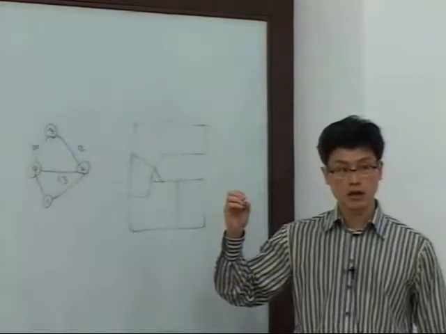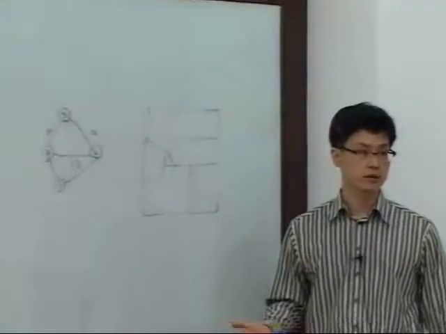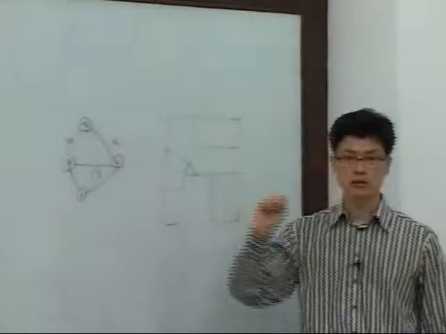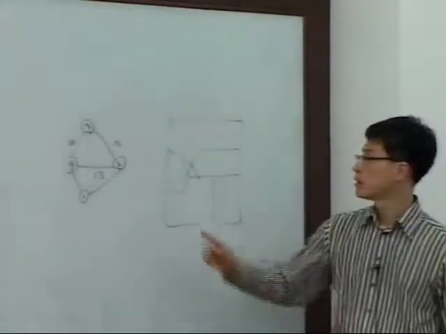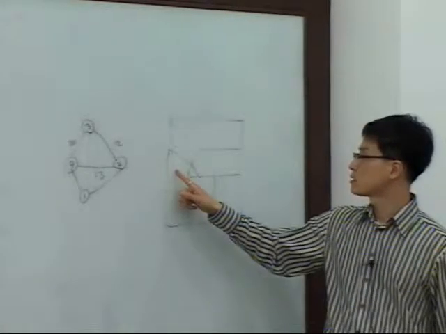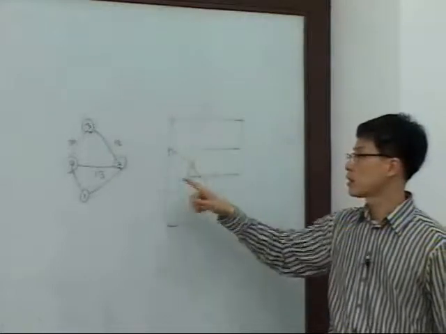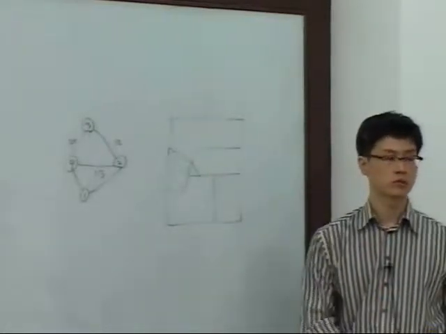But if these crossings are congested in some area, which is bad. But anyway, at this level, the important thing is the topology. 4 is south side of number 3. And such kind of information is really, really important.